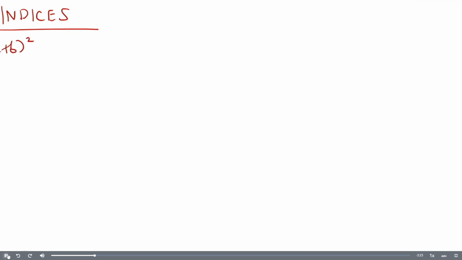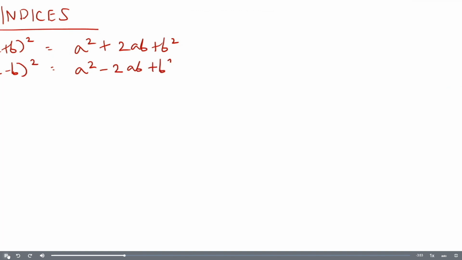(a plus b) the whole square is equal to a square plus 2ab plus b square. (a minus b) the whole square is equal to a square minus 2ab plus b square.